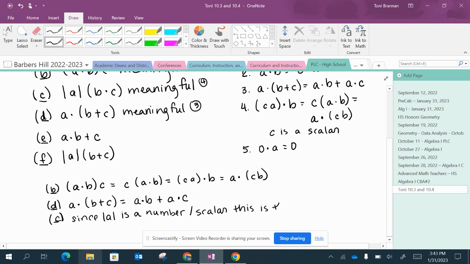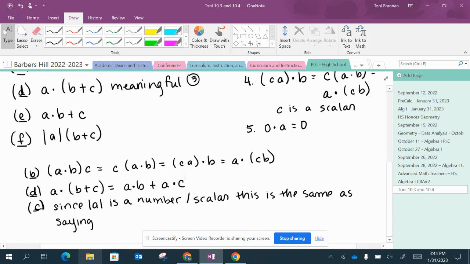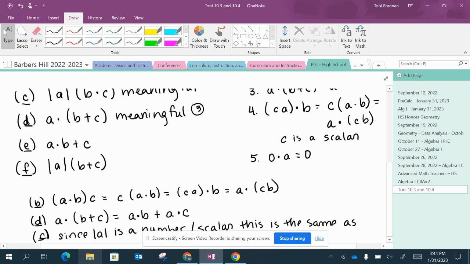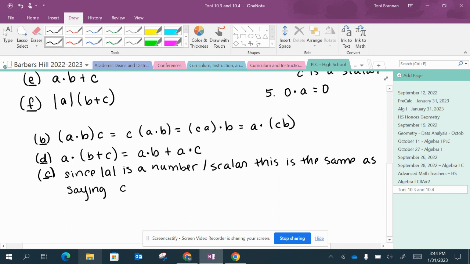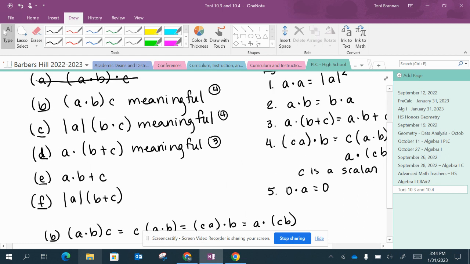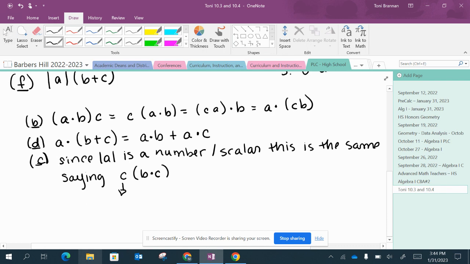this is the same as saying C, where C is a scalar, times B dot C. Okay. You might make yourself a little note.